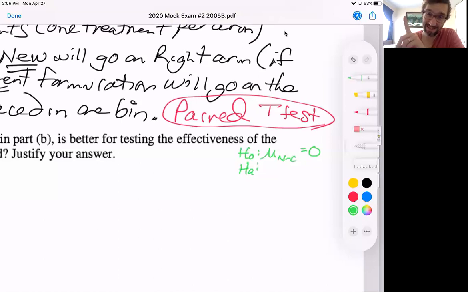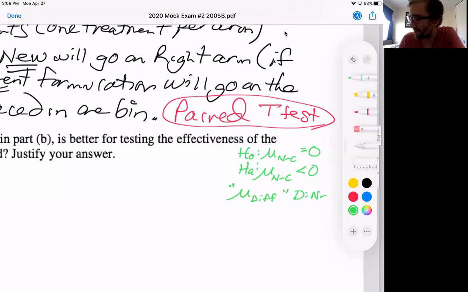With a paired t-test or just a regular one-sample t-test, we have one mean. Mu n minus c. And if the new is fewer, so fewer bites, you could also define it as mu diff. We've used that in our notes before. As long as you define the difference as like n minus c or c minus n.